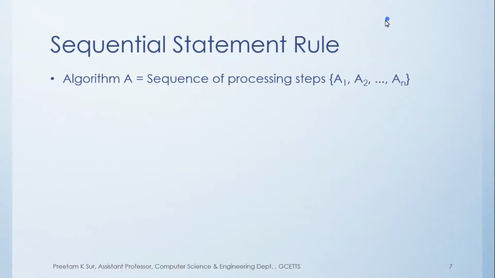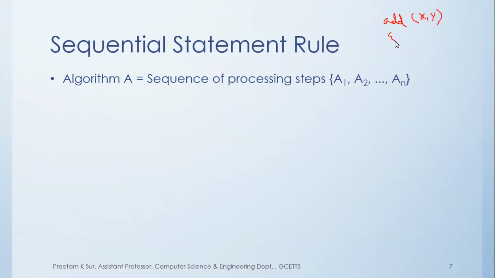If we take an example like adding two numbers, okay, we'll have an algorithm called add, and then it can have two numbers, x comma y, which are basically input to the algorithm add.